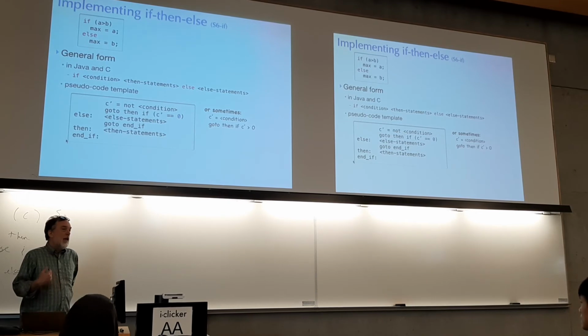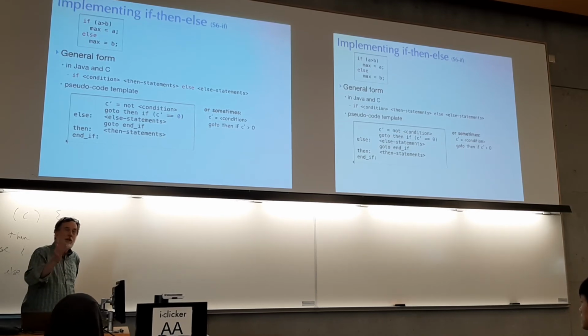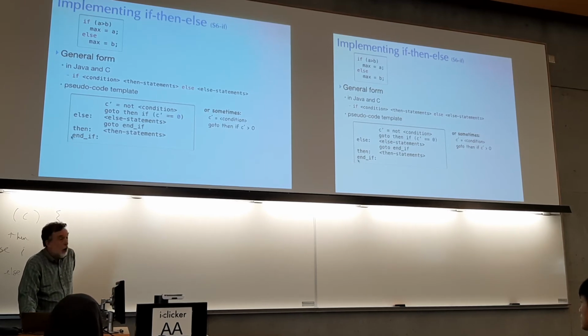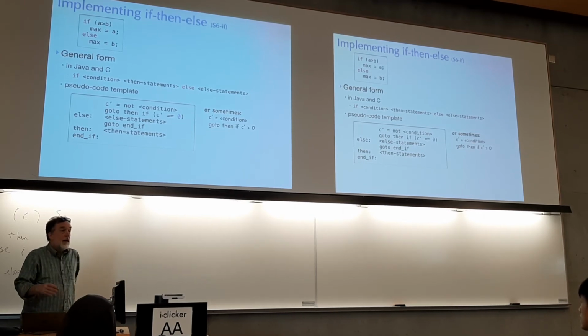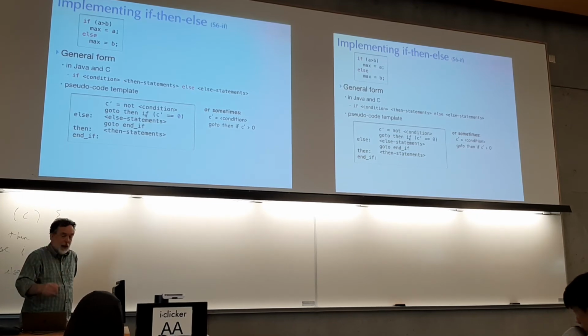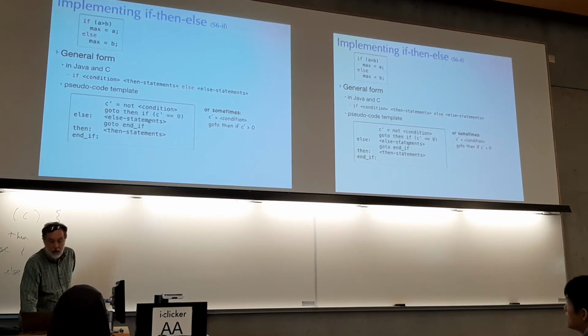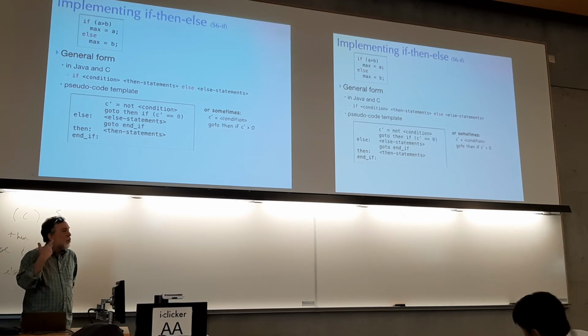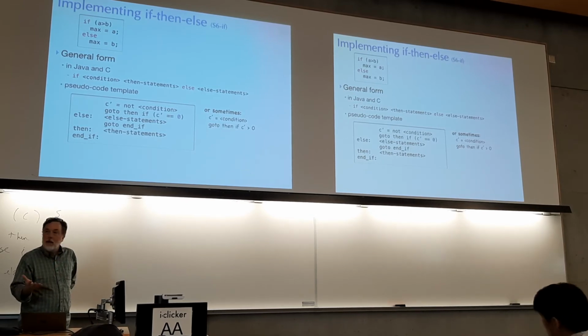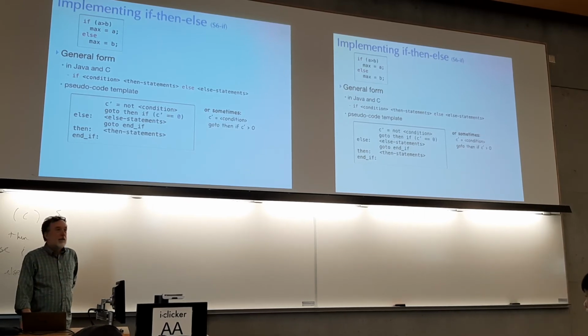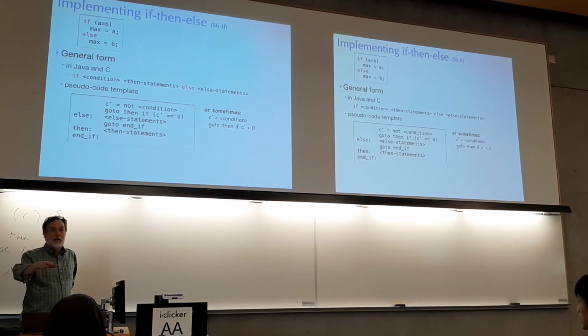In the then case, I skip over the else case, and when I'm all done, I'm already at the end. But in the else case, this jump actually doesn't happen, but I still have to execute the instruction, then do the else, and then do the skip. So there's this one extra instruction. It's not that big a deal, but it's an instruction. I only did this so you could take a minute and reflect on what's going on.